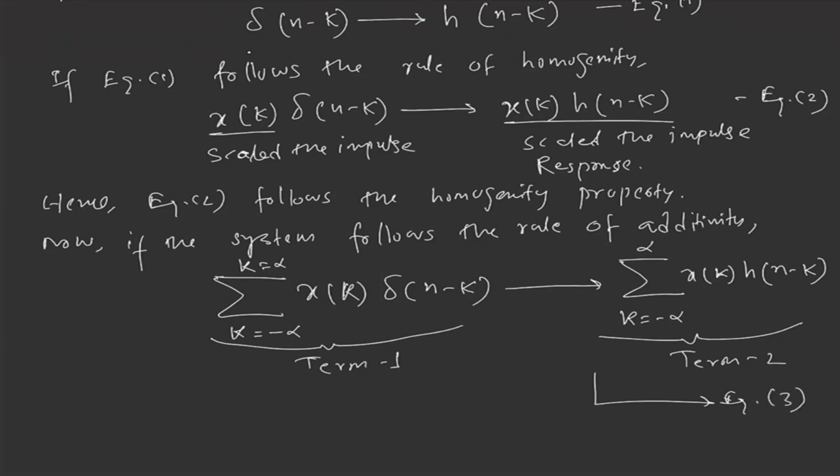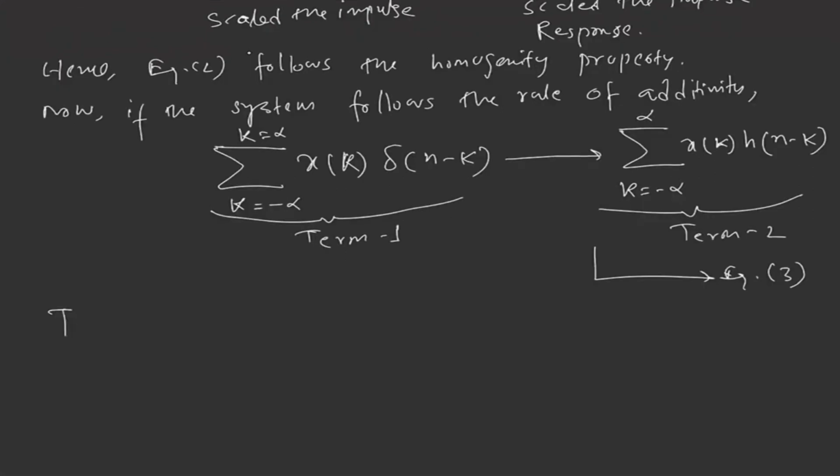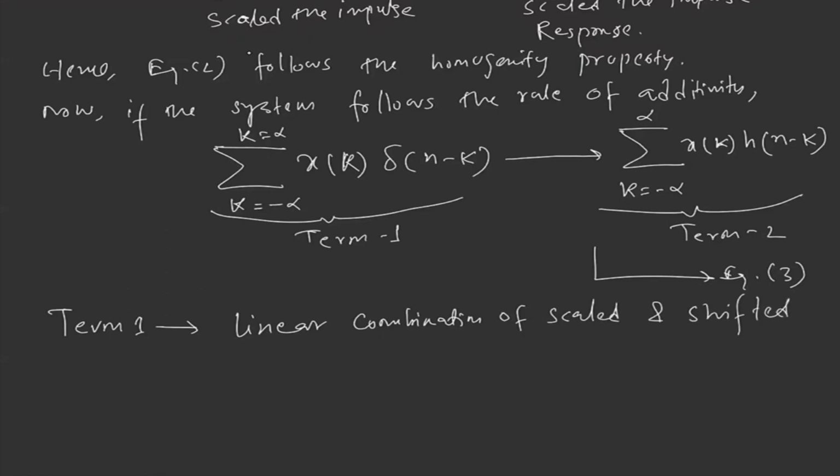And from this equation 3, term 1 is basically a linear combination of scaled and shifted versions of impulses.